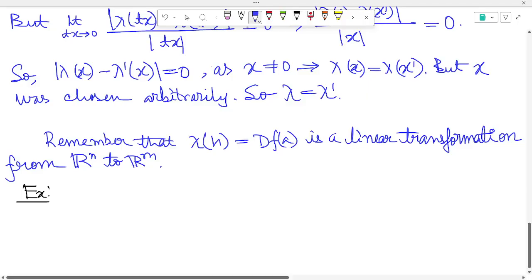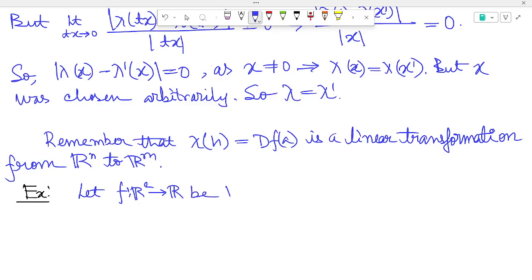What is the derivative of sin x? Let f from R squared to R be defined as f of x1 comma x2 equal to sine of x1. So I need to find out whether it is differentiable or not.